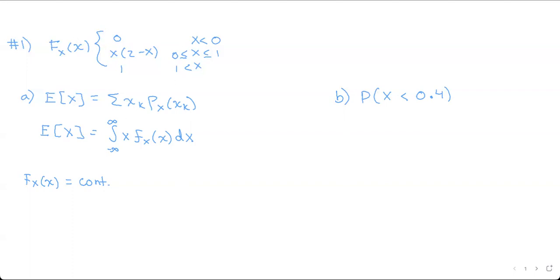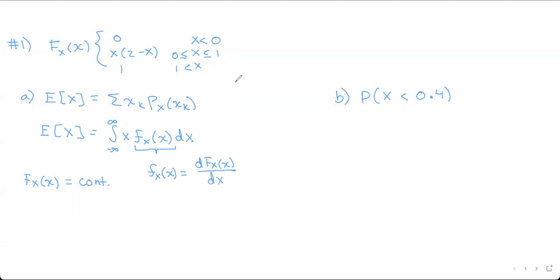Now, before we do that, we need to find the PDF of this function. And if you recall, you can switch between CDF and PDF using integration or differentiation. So if you want the PDF, you can find it by taking the derivative of the CDF.